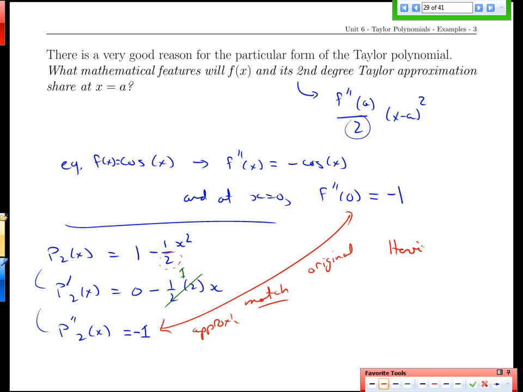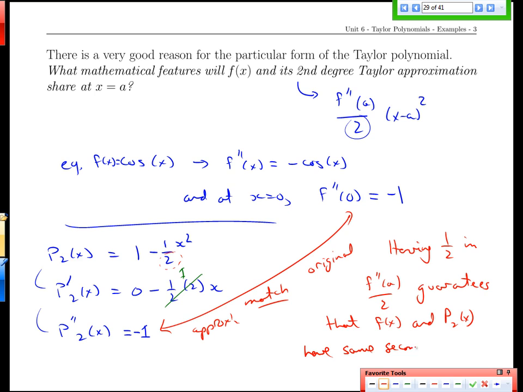So having this 1/2 in the f double prime of a over 2 guarantees that f of x and p2 of x, the approximation, have the same second derivative at a, at the point we're interested in.